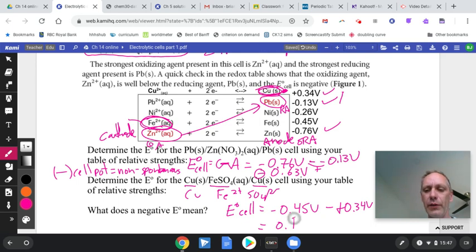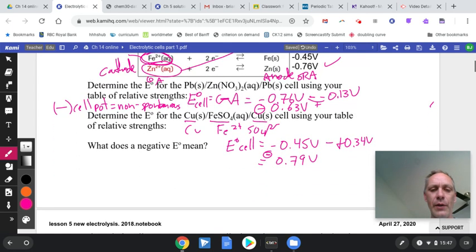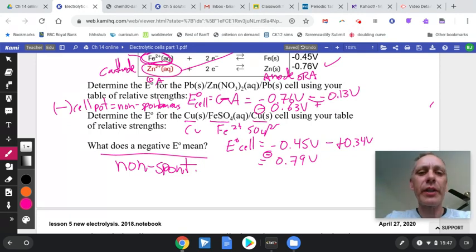Oops, let's try that again. Negative 0.45 minus positive 0.34 is negative 0.79. Again, negative. So what does a negative cell potential mean? Non-spontaneous.